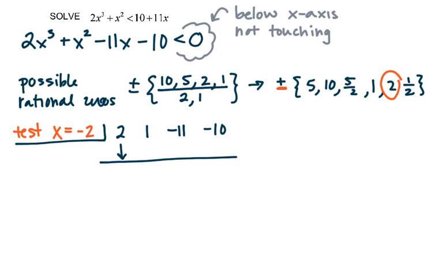The 2 comes down. -2 times -2 is -4. You add down. -3. +6, add down. -5, multiply up. +10, we get a remainder of 0.